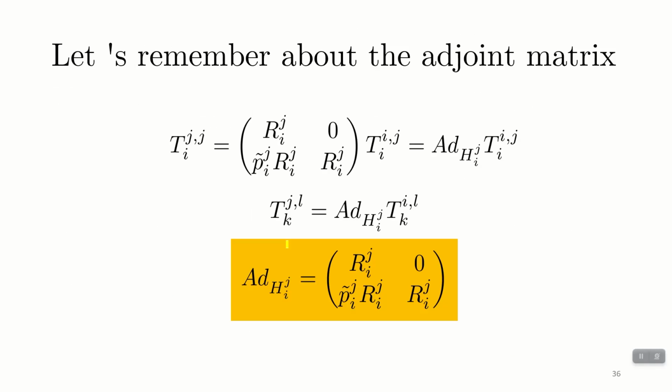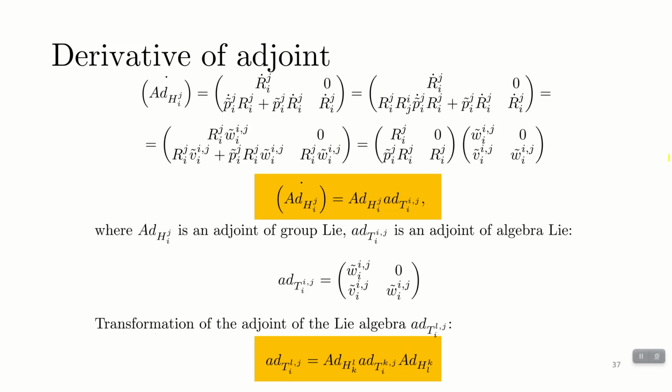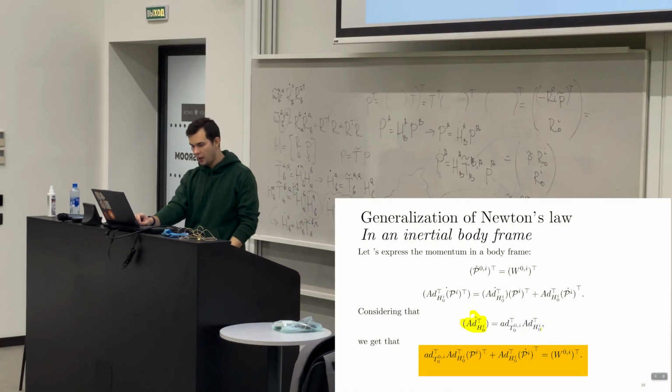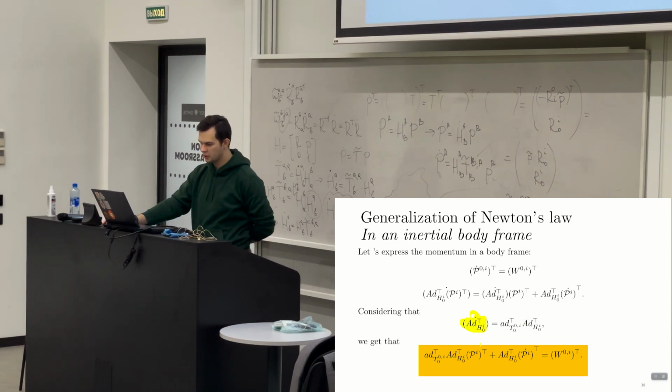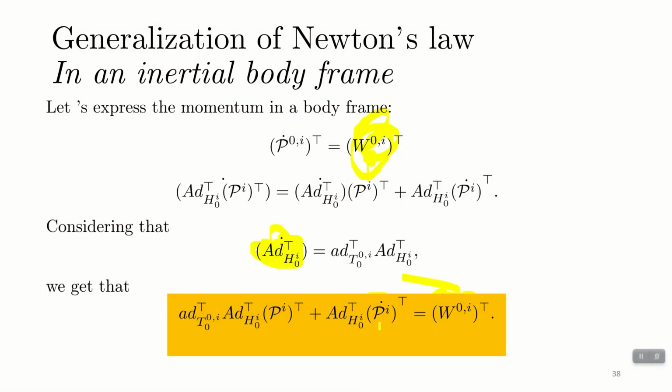All the multiplication I have right here, so the multiplication of the adjoint will be just another matrix here. It's not really important how it looks. We just need to understand that we're able to take the derivative of the adjoint, and if we continue our derivation, we'll find out that this wrench is actually equal to the sum of these two components.